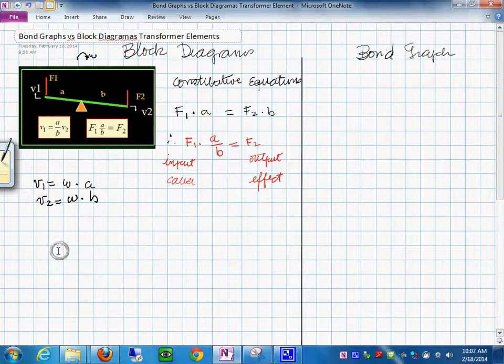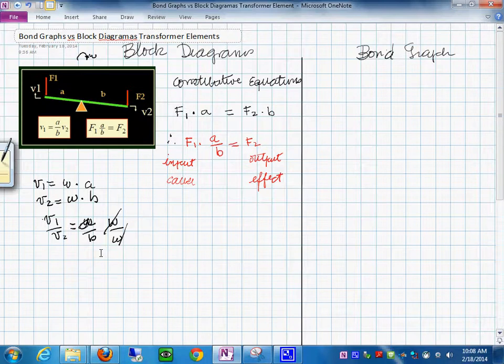If you divide these two equations, you get that v sub 1 over v sub 2 is A over B, because omega would be eliminated, like this.